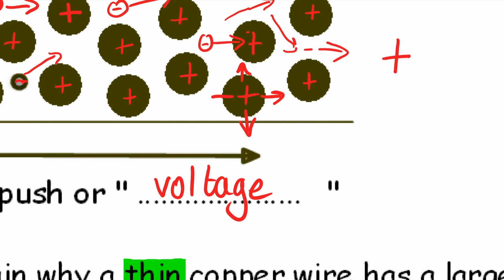Well, in all directions, in fact. And the more they vibrate, the more likely it is for a passing electron to be attracted into the ion. So the higher the temperature, the higher the resistance.